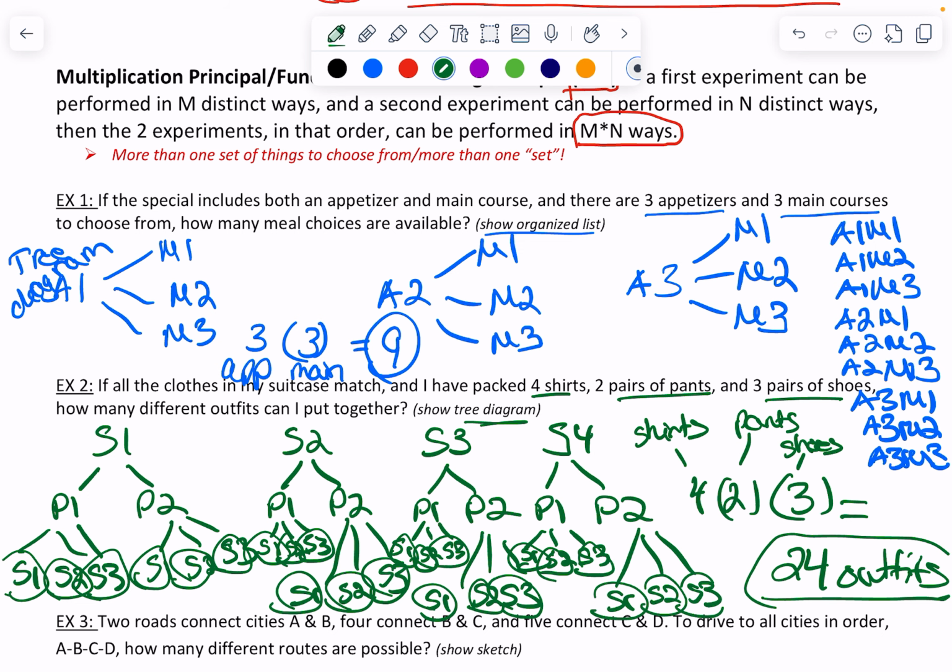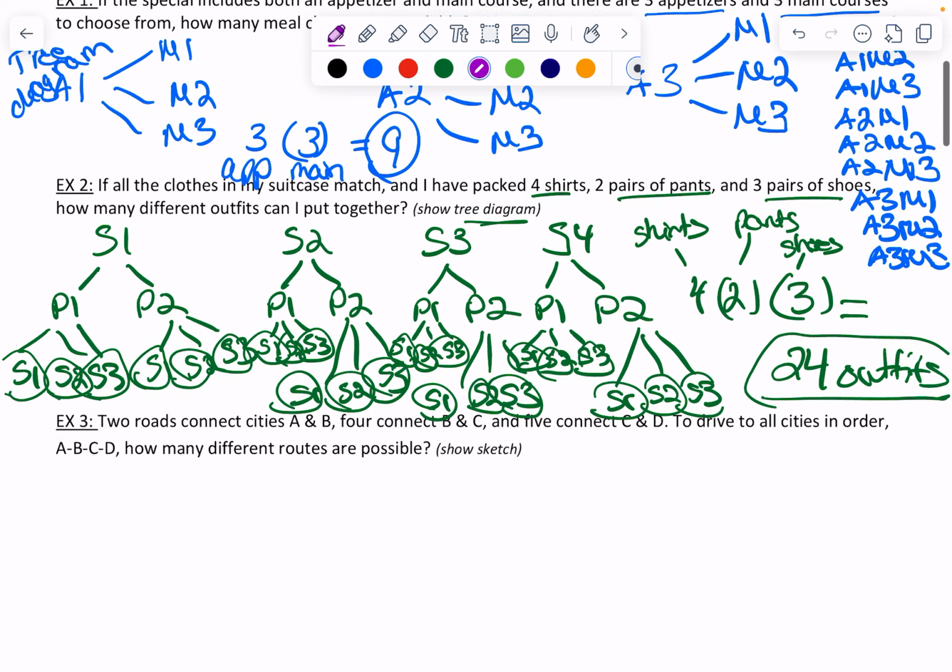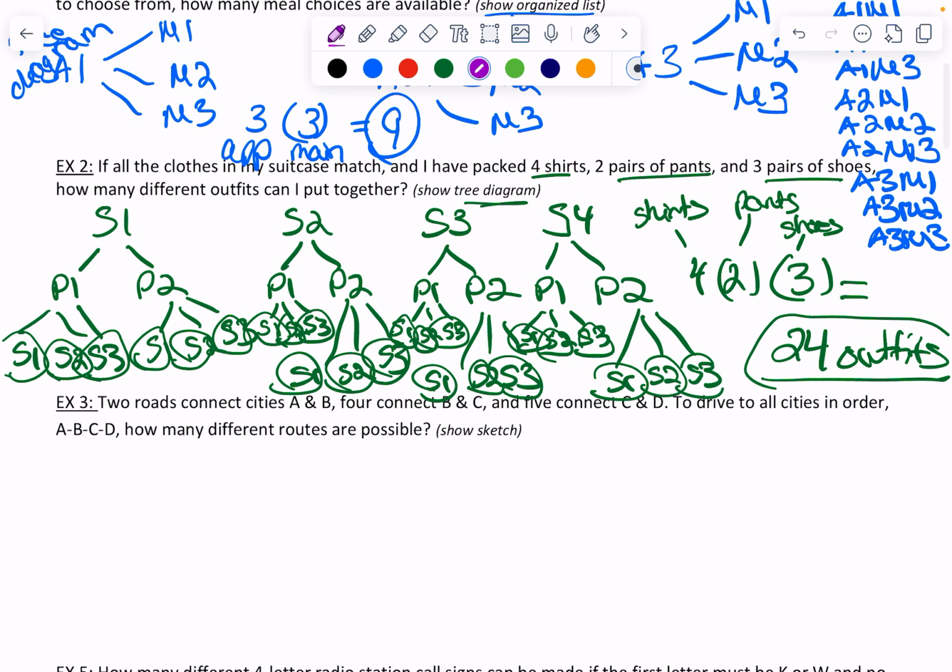Okay, next one. We've got 2 roads connecting cities A and B, 4 connecting B and C, and 5 connecting C and D. To drive through all the cities in order A, B, C, D, how many different routes are possible?